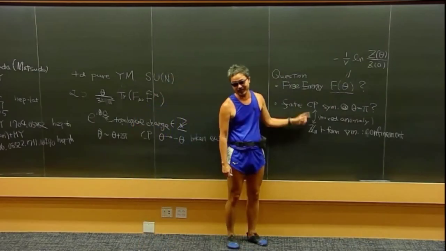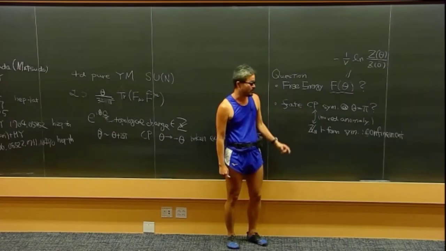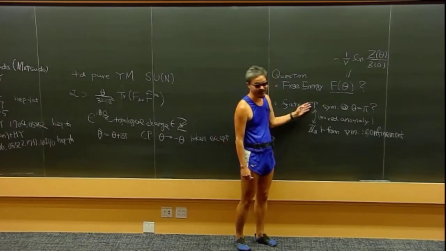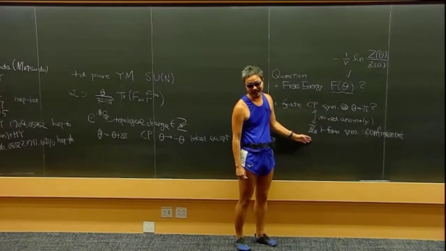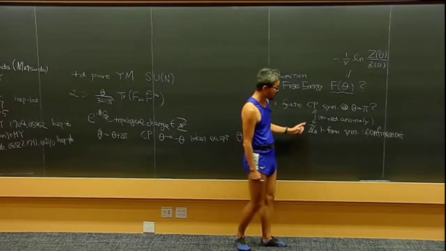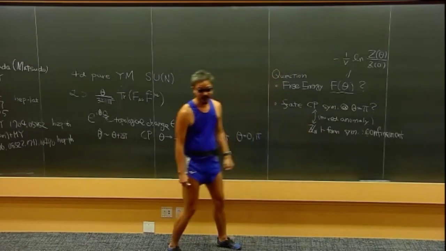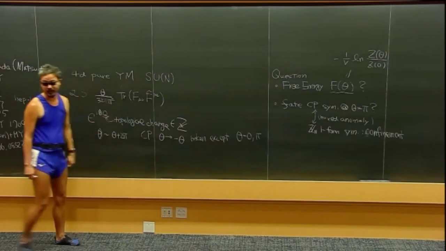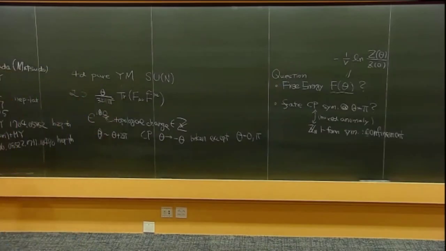Of course, both can be broken, but if one of the symmetries is preserved, you conclude that the other should be broken. That also tells you whether the theory confines or not, which is of course a big business in Yang-Mills theory. Why can't it be gapless?